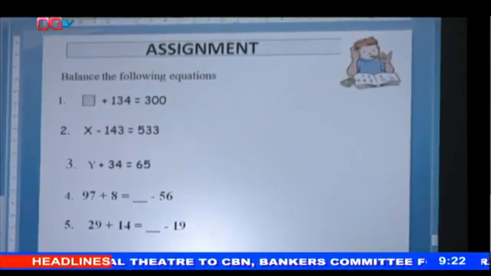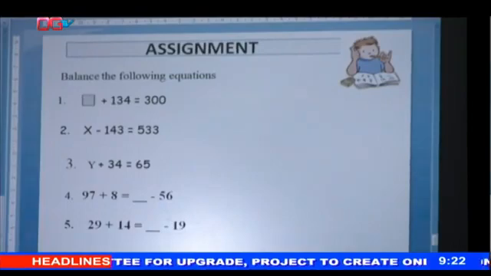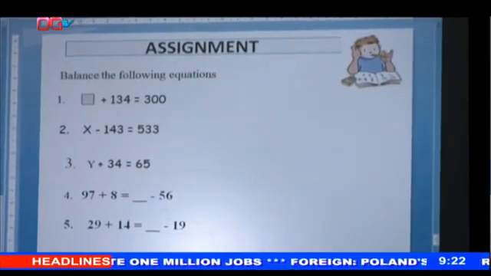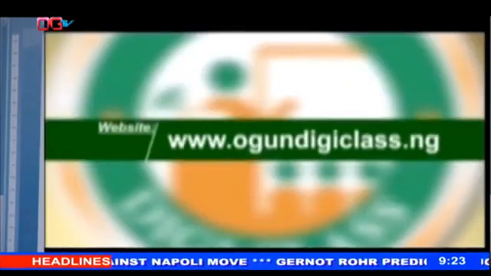Number 2, x minus 143 equals 533. 3, y plus 34 equals 65. 4, 97 plus 8 equals dash minus 56. And the last one, 29 plus 14 equals dash minus 19. I want you to do this and forward it to our website.